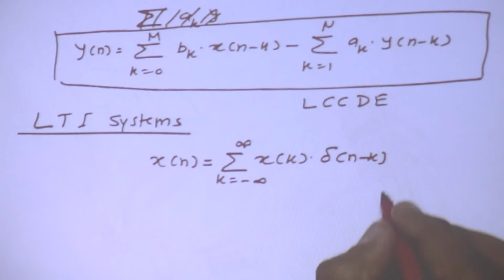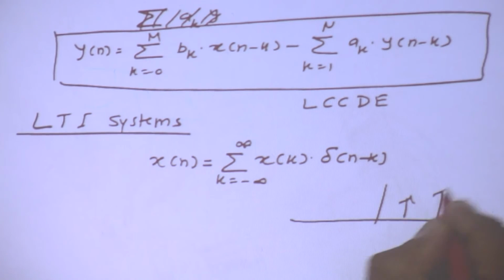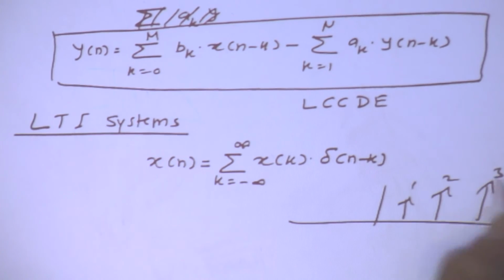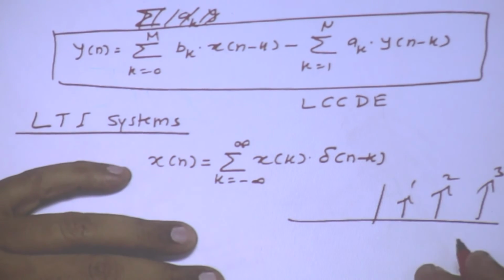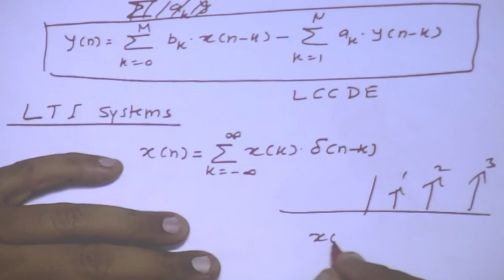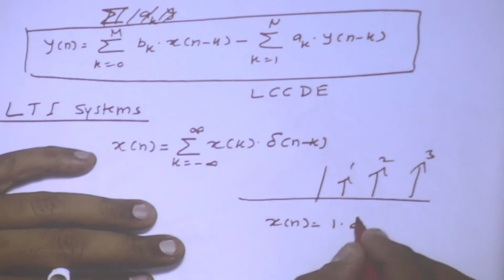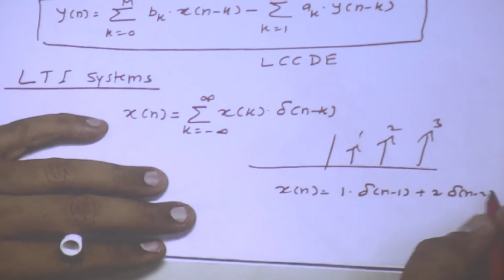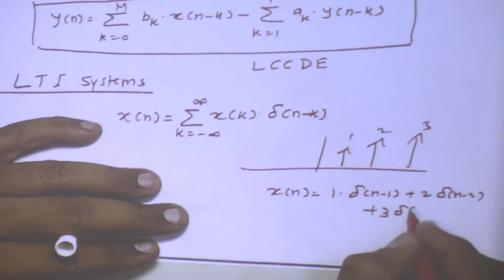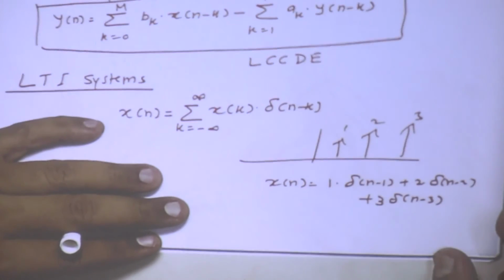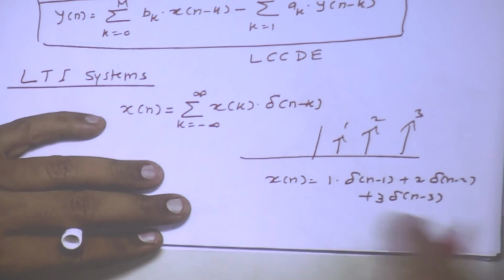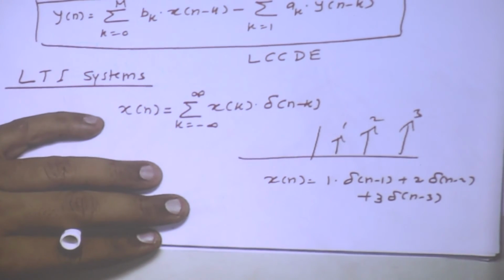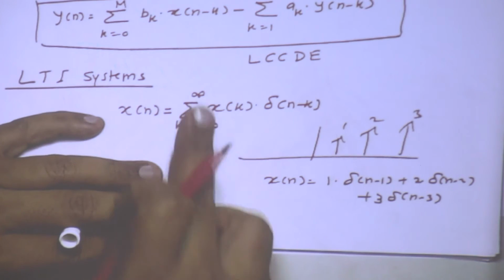How to write this? For example, you have some values like this: 1, 2, 3. If this is my x[n], how do I write this x[n]? x[n] is equal to 1 times delta[n minus 1] plus 2 times delta[n minus 2] plus 3 times delta[n minus 3]. Can I write like this? If it is an infinite duration sequence, then it can be written from minus infinity to plus infinity.